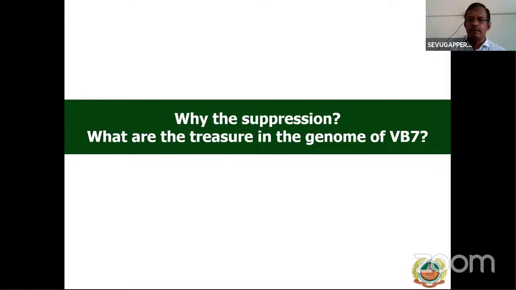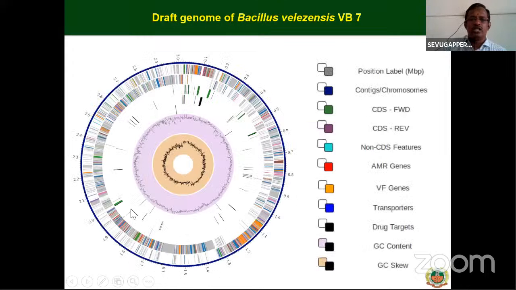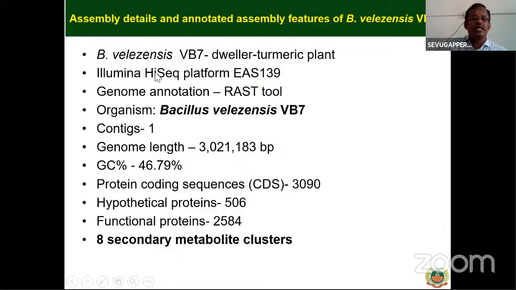To understand the mechanism, we went for whole genome sequencing of this effective isolate, Bacillus amyloliquefaciens. Based on 16S rRNA, the bacterium was identified as Bacillus amyloliquefaciens. With whole genome sequencing through the Illumina HiSeq platform, it was identified as Bacillus velezensis.